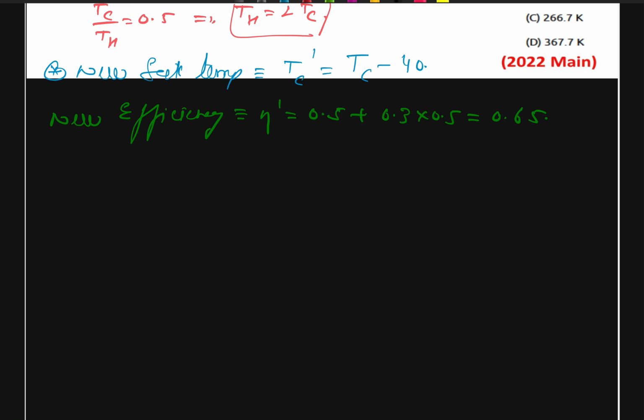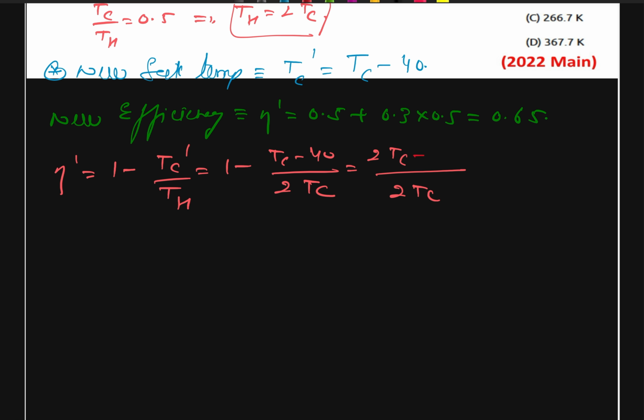So we can write the formula that our new efficiency will be equal to 1 minus new cold temperature upon our hot temperature, which is the same. So we get 1 minus Tc minus 40 divided by twice Tc, and we can take twice Tc as LCM. So this comes as twice Tc minus Tc plus 40, over twice Tc, which gives Tc plus 40 over twice Tc, and this will be equal to 0.65.